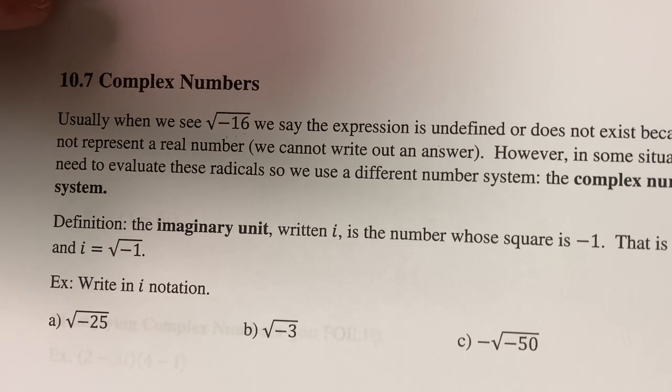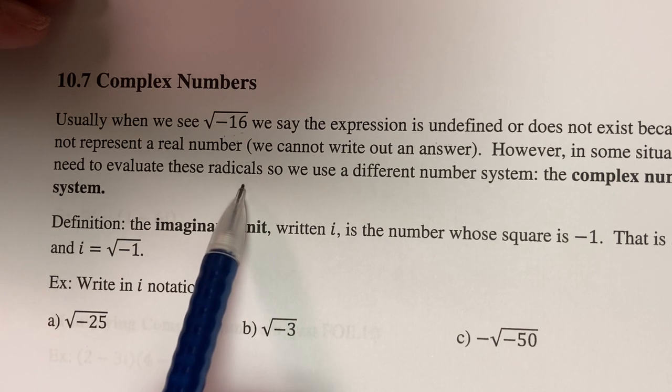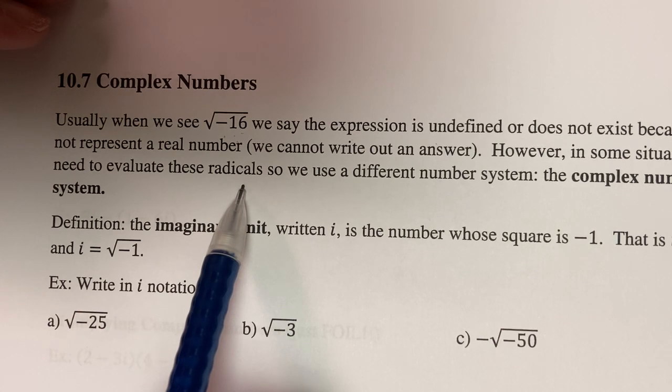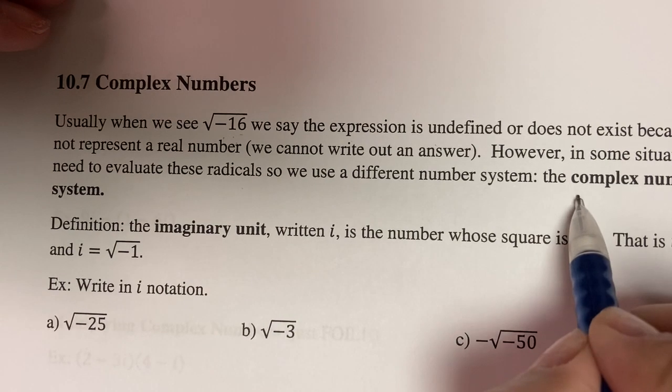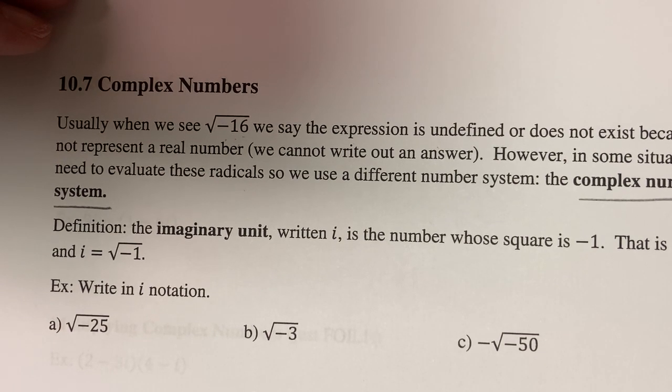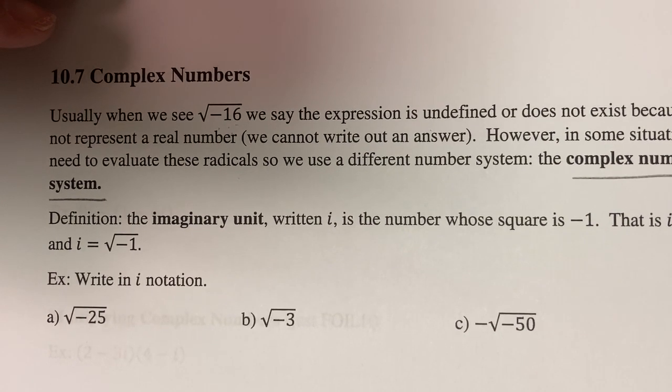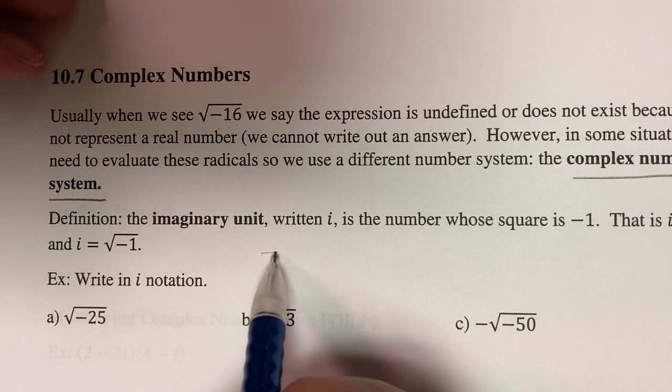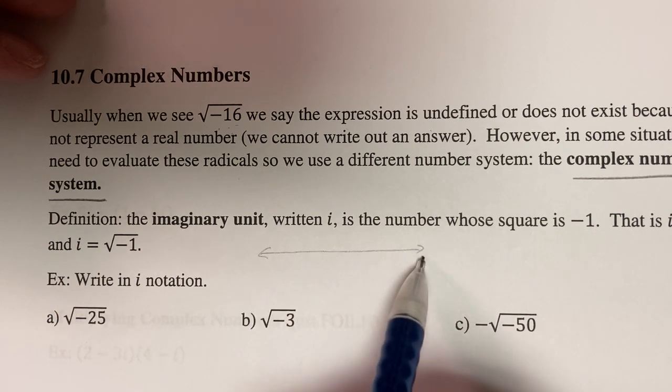However, in some situations, we do need to evaluate these radicals. So to be able to find the square root of negative 16, we use a whole different number system. We use the complex number system. Okay? So you've been taught up till now that the real numbers are all of the numbers, and that is true in the fact that the real numbers are all numbers that can be represented on a number line, which is how we usually graph numbers.